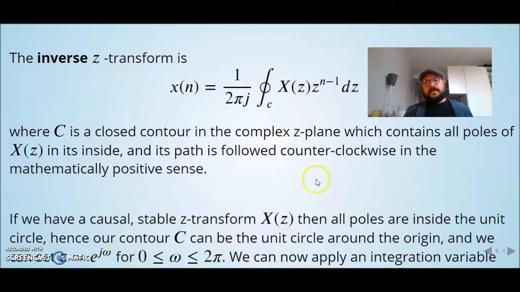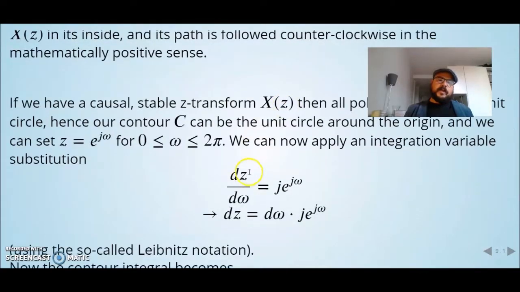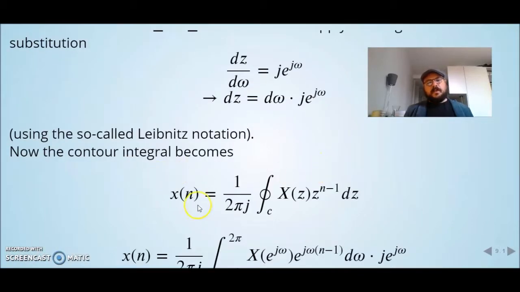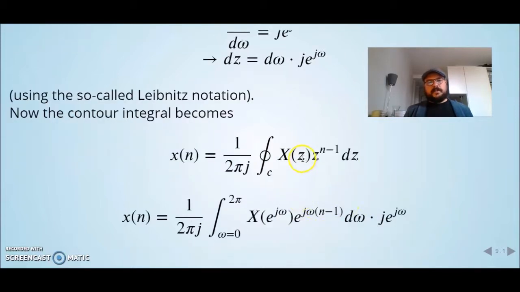So if we apply some variable substitution, we have that dz over d omega is equal to j times e to the power of j omega, and in our inverse Z-transform equation, we can replace z by e to the power of j omega. dz we replace by this here.